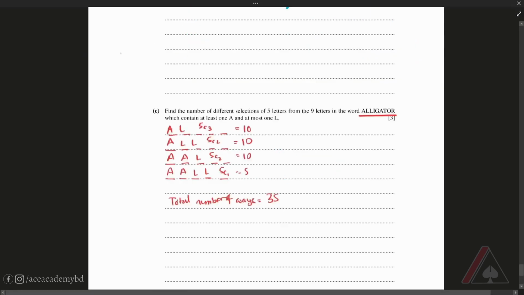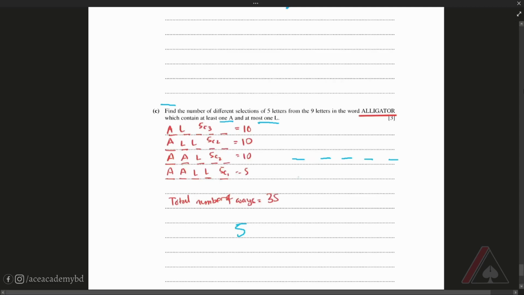So in 7C, the last question, we are told to find the number of different selections of 5 letters from the 9 letters in the word alligator, which contain at least one A and at most one L. So we're given 5 boxes, and cutting out the A's and L's out of the 9 letters, we have 5 letters left.